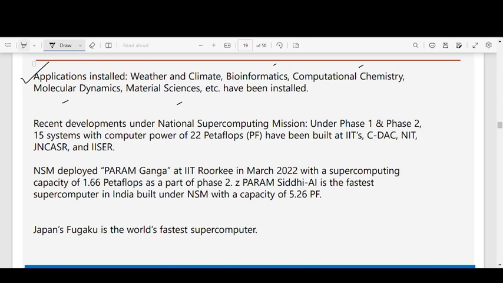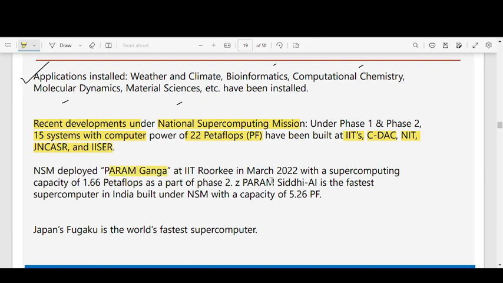Now you should also know some recent developments under this NSM mission, under phase 1 and 2. 15 systems, supercomputers, have been installed, and the whole capacity is 22 petaflops, at places like IIT, CDAC, NIT, JNCASR and IISER. I have already mentioned all this.